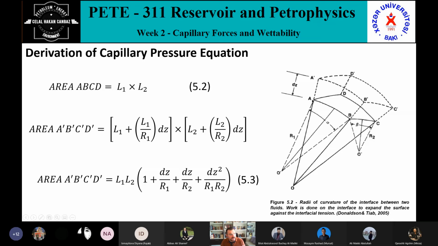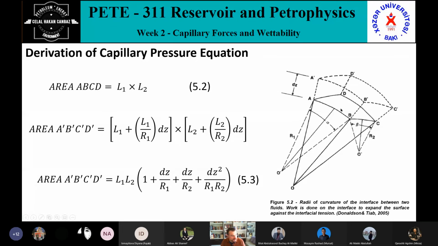Mostly we say A to B is L1. This is a curve actually, right? This is not a certain rectangle. From point A to point B, let's say L1, and B to C, let's say L2.